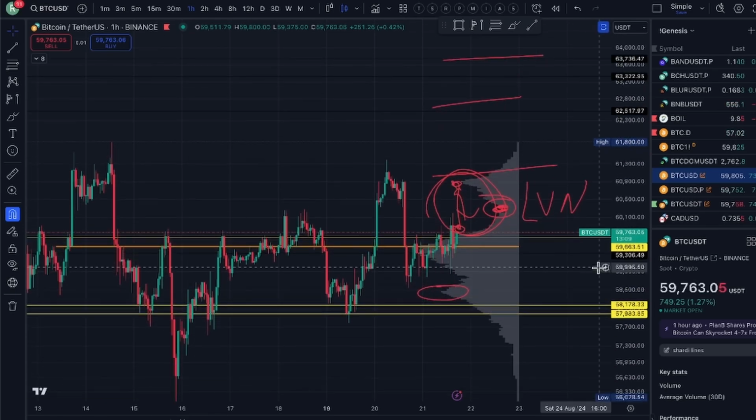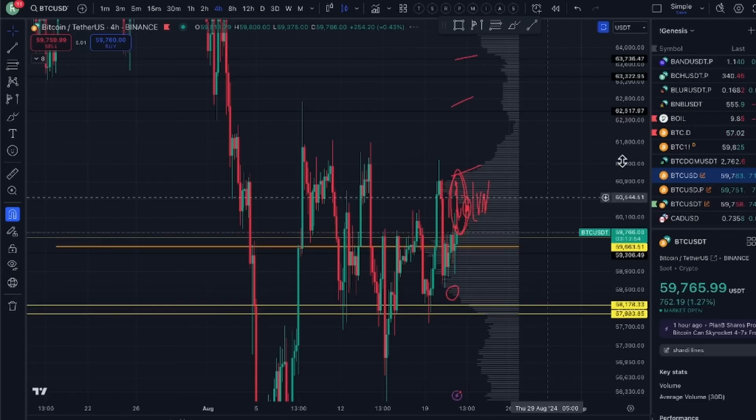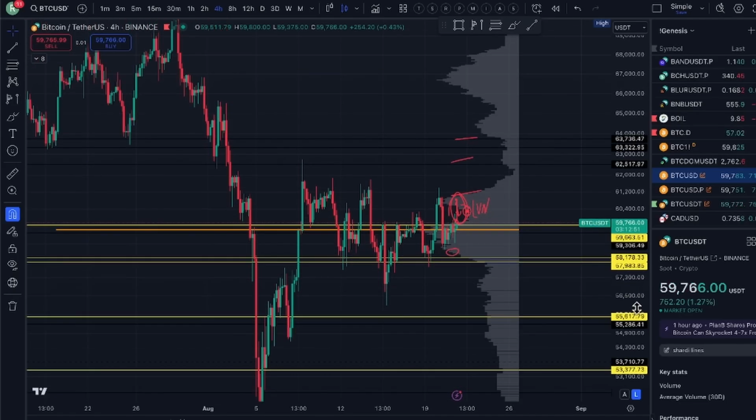It does not absolutely mean that Bitcoin goes to $100,000 from here, but it means that there is much more inefficiency on the way towards 64,000, and it's much more likely, also taking into account the volume profile, that we're going to go there first. And then I would reevaluate.